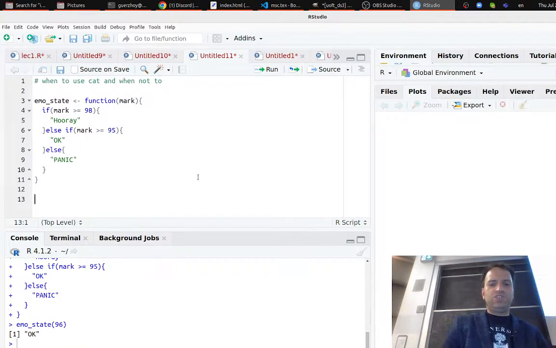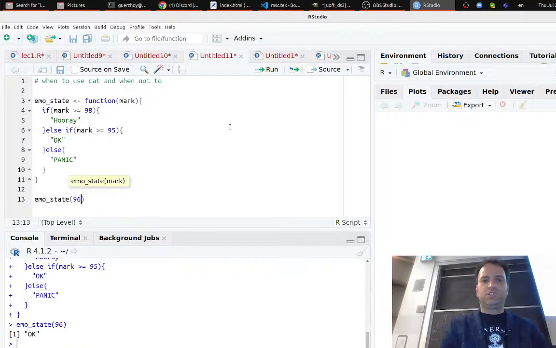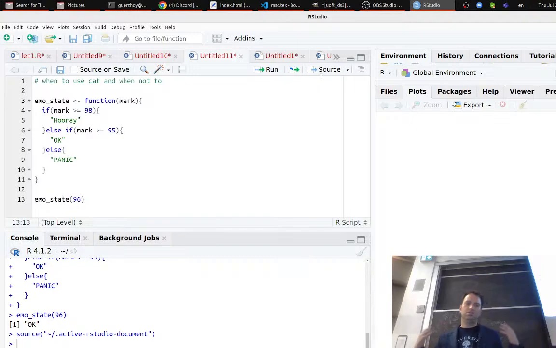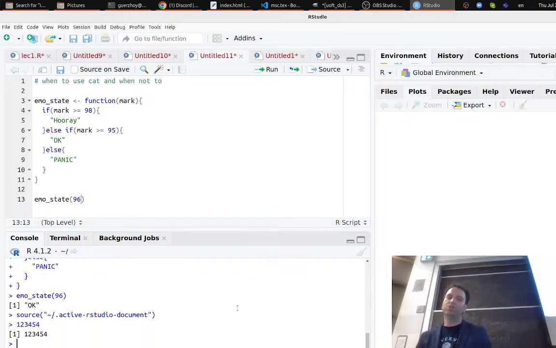So if I just run this, this is my program, right? I have my function, and I say emo state of 96. I don't get any output. The reason is that when I type stuff here, even if I type a number, it just says, okay, you just typed in this number.